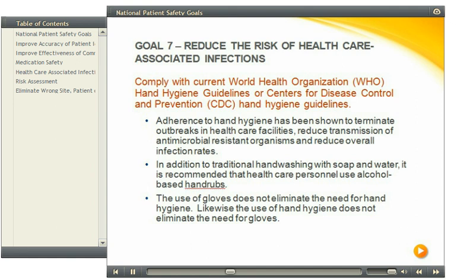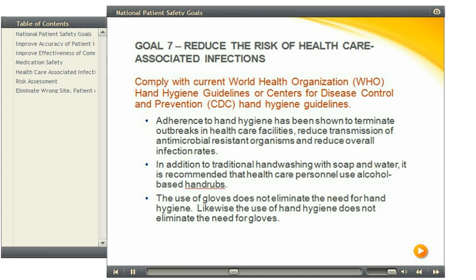Adherence to hand hygiene has been shown to terminate outbreaks in healthcare facilities, reduce transmission of antimicrobial resistant organisms, and reduce overall infection rates. In addition to traditional hand washing with soap and water, it is recommended that healthcare personnel use alcohol-based hand rubs.